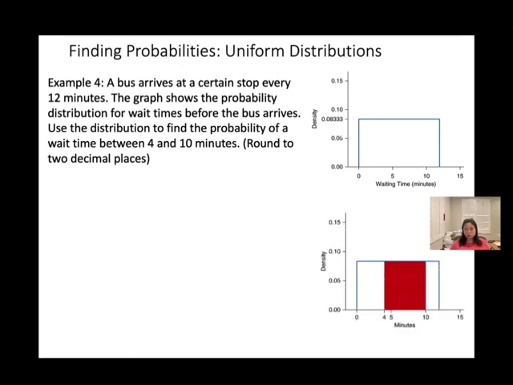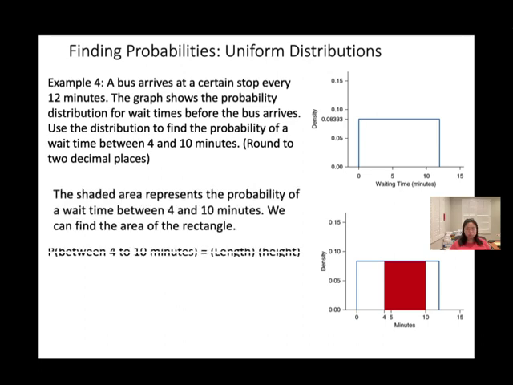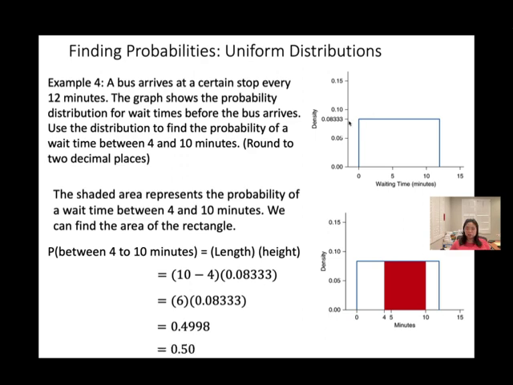Okay, I will have this picture and I'm looking for the area of this rectangle. So the probability between 4 and 10 will be the base times the height. So this is going to be 10 minus 4 times the height, 0.08353. So it's about 0.4998. It's going to be 0.50.